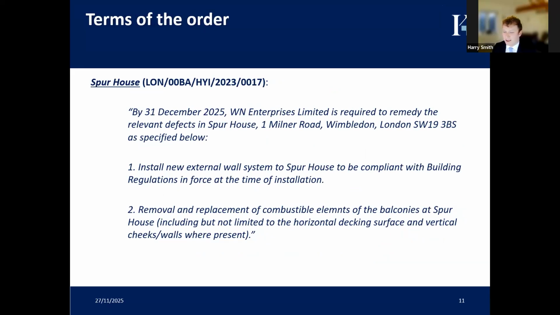So, for example, in the Vista Tower case, a full specification of remedial work was specified in the schedule to the order. But in other cases, the order has been framed in very general terms, and I've put an example of that, the order from the Spur House case, on the slide. I won't read it out, but as you can see, it's very, very short and gives the landlord a fair bit of latitude in how it goes about dealing with the relevant defects.